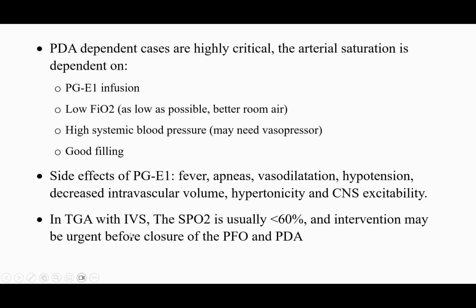In DTGA with an intact ventricular septum, the saturation is usually less than 60%, and intervention may be urgent before closure of the PFO and the PDA.